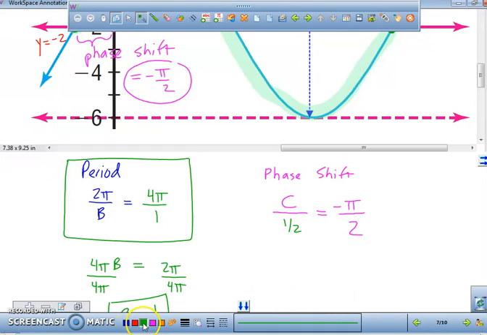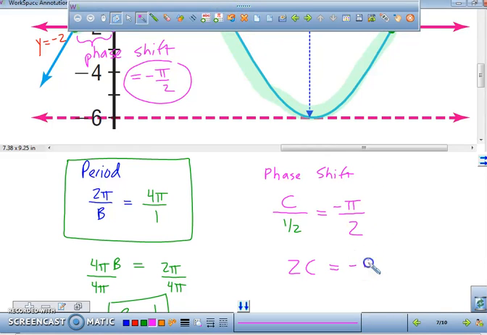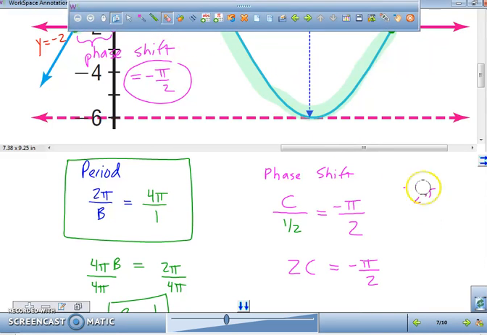Now, let's look at our cross products. Ready? One of our cross products is 2 times C, which is just 2C. Our other cross product is a negative pi times a half, which is just negative pi over 2. Negative pi over 2, the same thing as saying what? Negative half of pi. They mean the same thing.